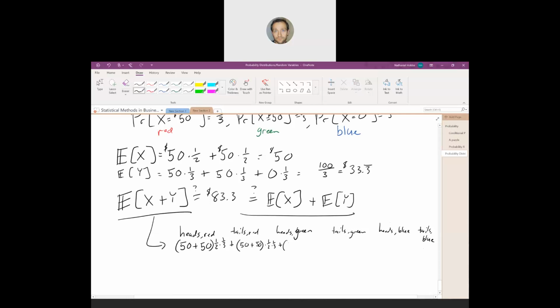Heads green, $50 plus $50. You have a 1/2 chance of getting heads. You have a 1/3 chance of landing on green. Tails pays out 50. Landing on green pays out 50. You have a 1/2 probability of flipping tails. You have a 1/3 probability of getting green. And for heads blue, each of these pay out just $50 because blue pays nothing.